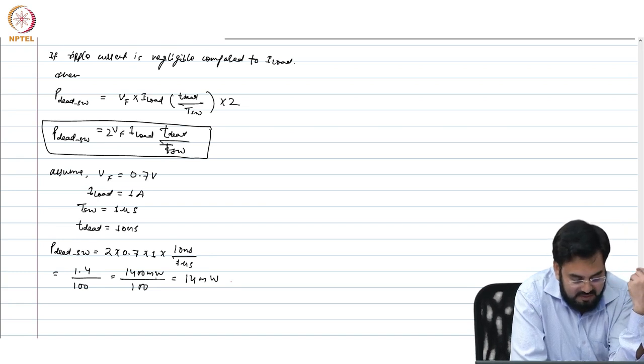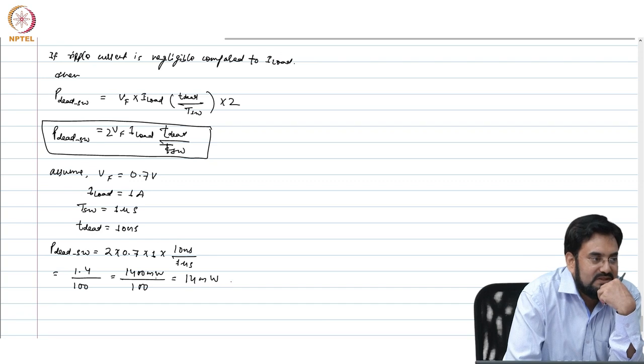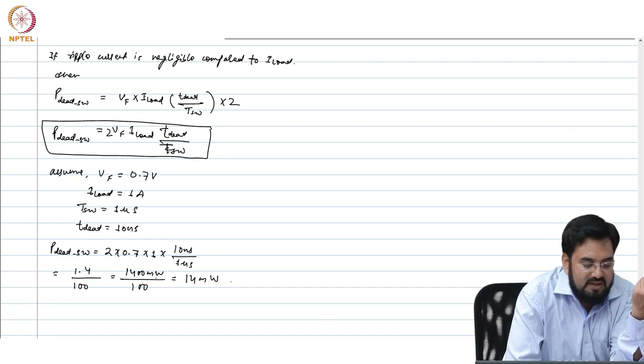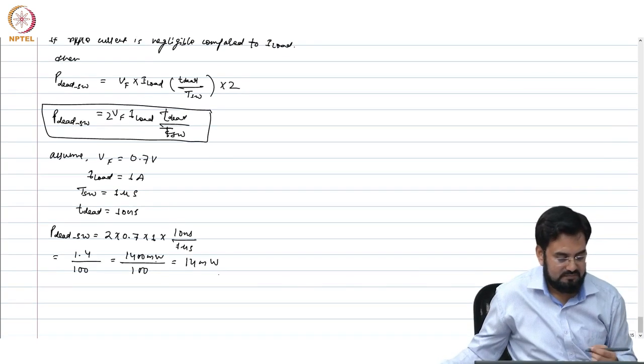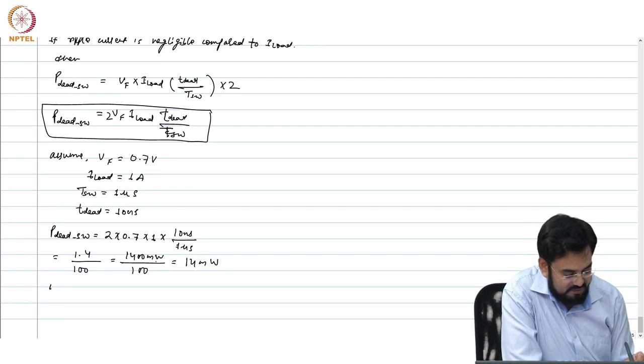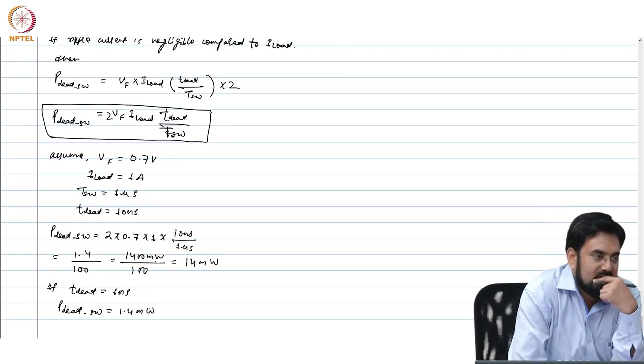So ideally I would like to minimize this as much as possible. What can I do to minimize this? It is the T dead. So if you make T dead equal to 1 nanosecond, then 1.4 milliwatt, 10 times less.